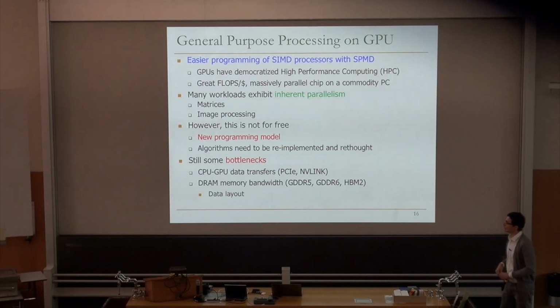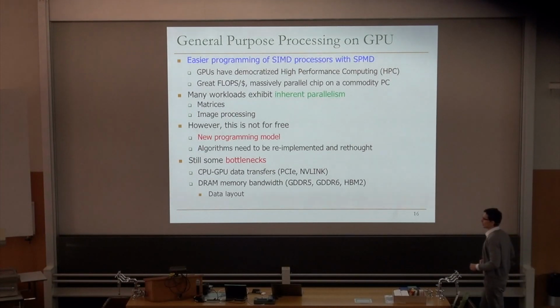Obviously, there's no free lunch, right? And the bottlenecks, as I already mentioned, and as you can expect, are actually in the data access, in the data movement, because this is the main problem in most computing systems these days. And we have two bottlenecks related to data movement in GPUs, at least in discrete GPUs, which are the most widely used.